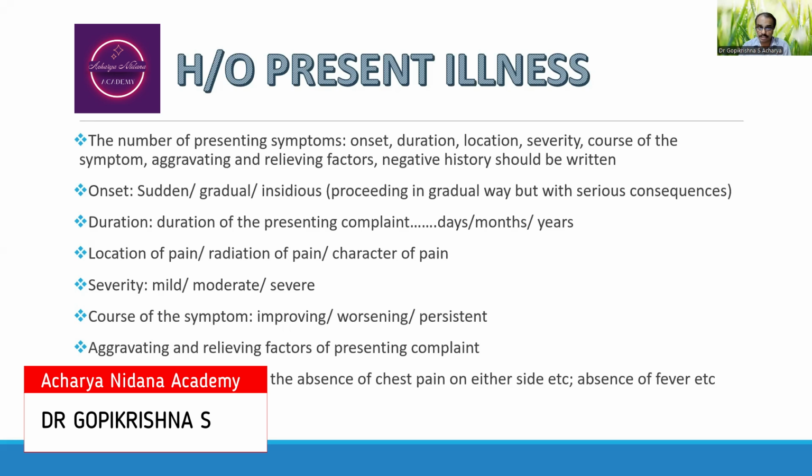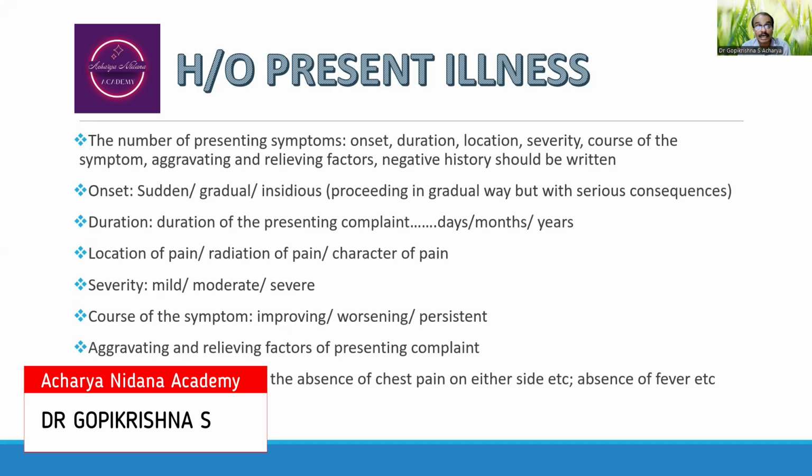Then comes the negative history. If the person is having chest pain, you have to notice the other associated complaints as negative history. Suppose the person has absence of cough in the presence of chest pain, probably this may rule out either cardiac diseases as well as respiratory diseases.